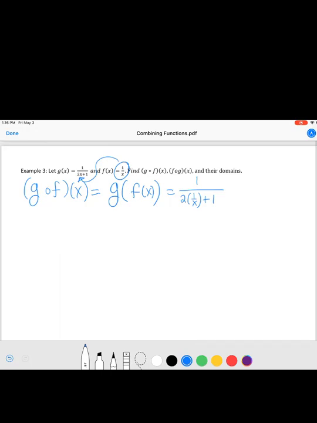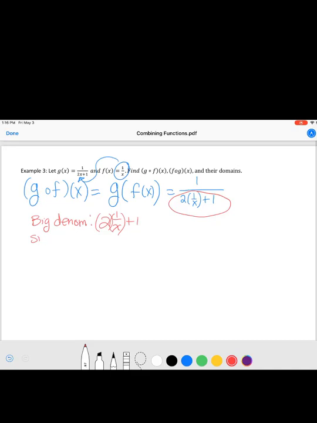So this one's a little tricky because I have two denominators to consider when I'm looking for domain. I have what we call the big denominator, which is this whole thing right here. So that's 2 and then 1 over x plus 1.